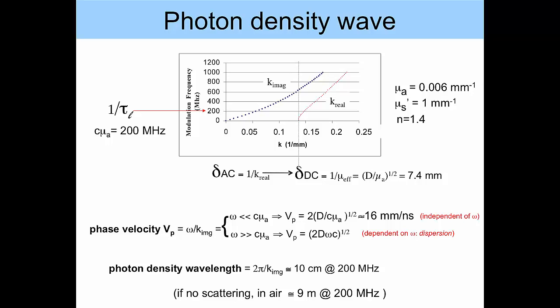I have another slide. If you look at the functional form of Kr or the AC penetration depth, what you see is this is somewhat weakly dependent on modulation frequency. So you can probe over many frequencies in modulation in time and not dramatically impact your penetration depth.